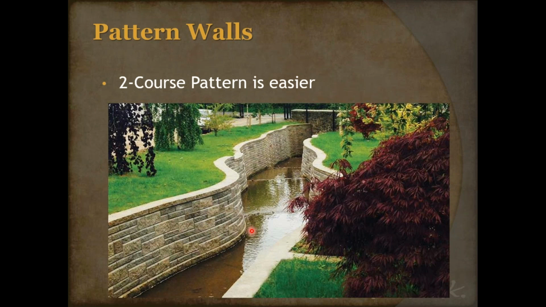That is a 2-course pattern that is showing a way to turn these radiuses without having to fight that setback, because every time you do a pattern, it resets. So that way, now you're not having to cut or chip or modify the block to do that pattern. If you're doing straight walls, obviously a 3-course pattern is no problem, but when you're doing radiuses, 2 courses is always easier.